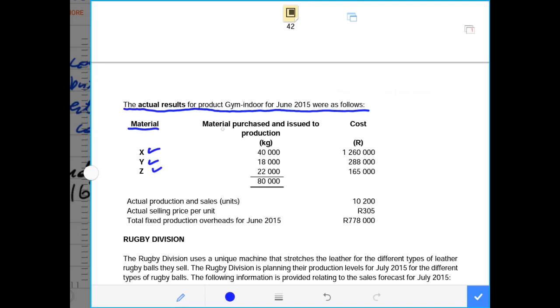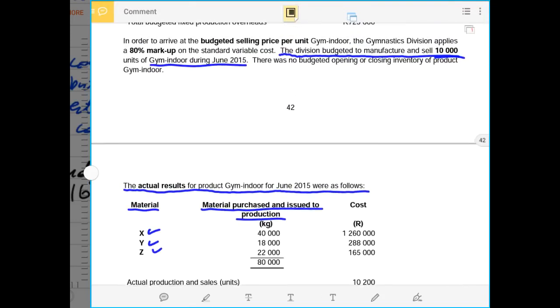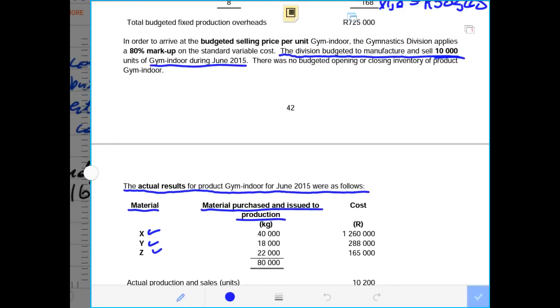Now they give us material purchases and issued to production, meaning all the material that was purchased was all used in the production process, meaning now there will be no closing inventory of raw material once again. Although previously they said there will be no opening or closing inventory of the product indoor.